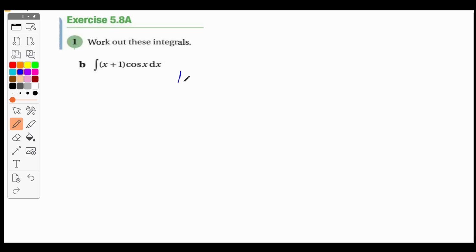Okay, so we say let u equals x plus 1. Then dv equals the left, cosine x dx. So du is the derivative, dx. V, the integral of cosine x is what? Sine x.